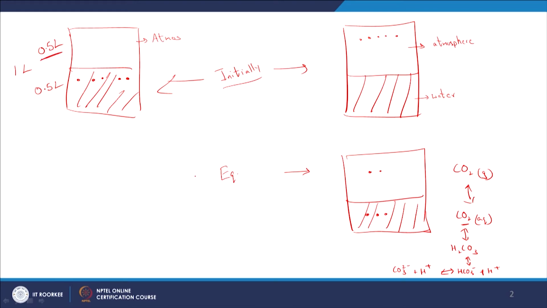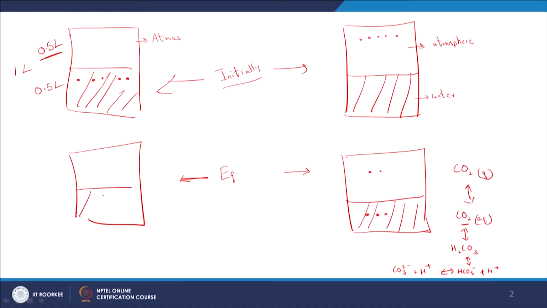So after equilibrium has been achieved, what is going to happen now? This is similar to the case we looked at just earlier, when the carbon dioxide moved from the gaseous phase to the aqueous phase, but now we have the inverse, where we have some moles of carbon dioxide in the aqueous phase and none in the gaseous phase.